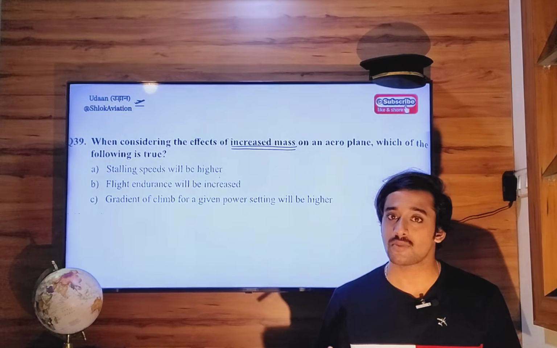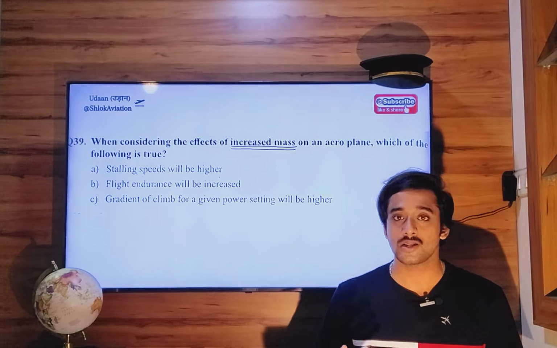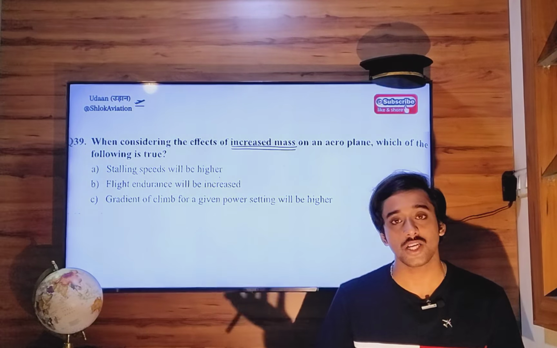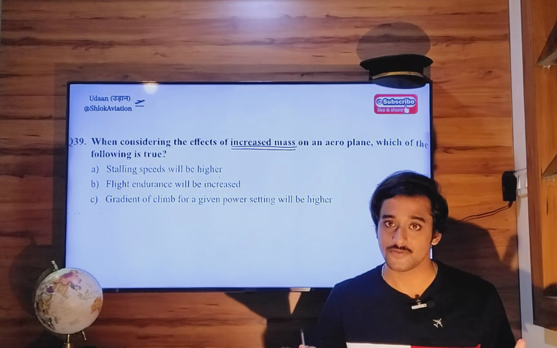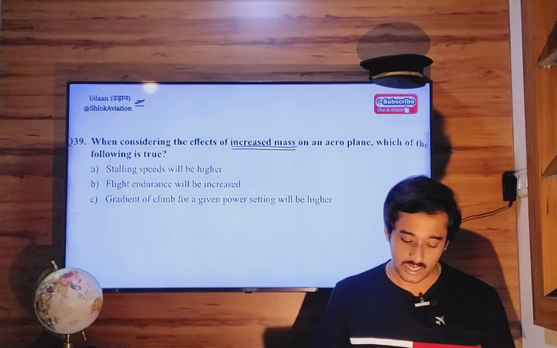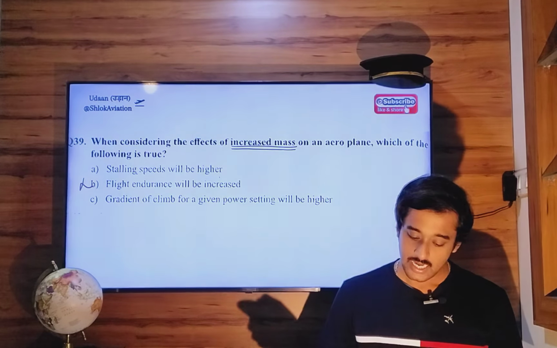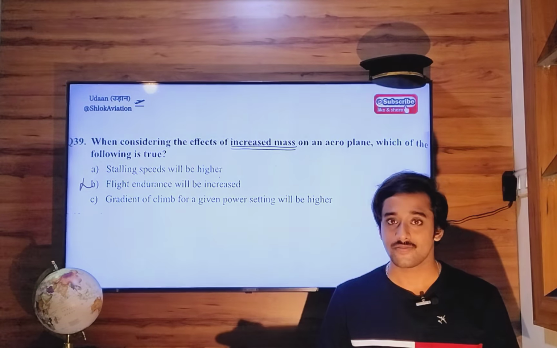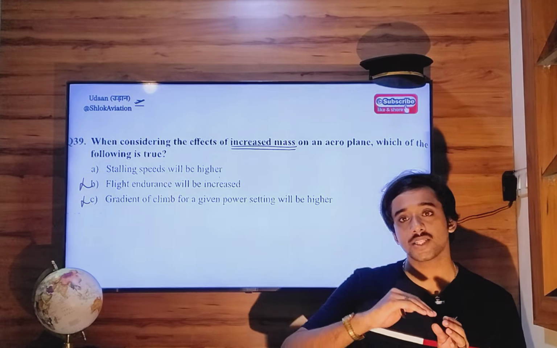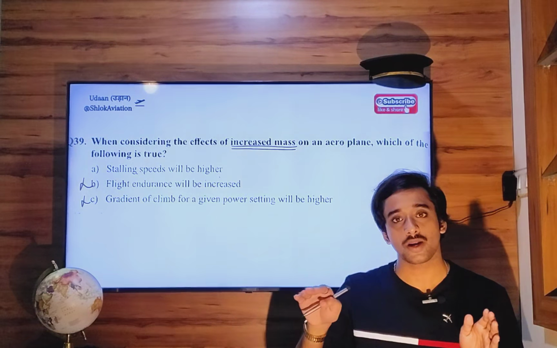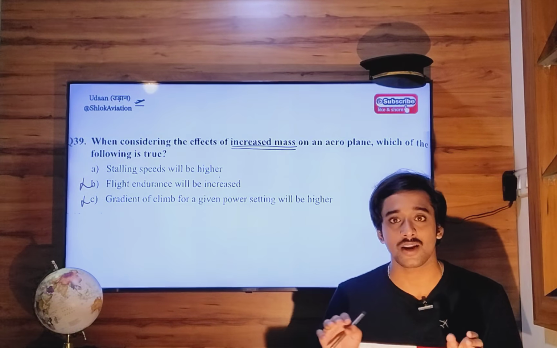What is endurance? Endurance is nothing but the duration, how long the fuel in your fuel tanks is going to last, right? So endurance will decrease, not increase. Gradient of climb will be higher. No, gradient of climb means how much height or vertical distance you will achieve with respect to the horizontal ground distance.